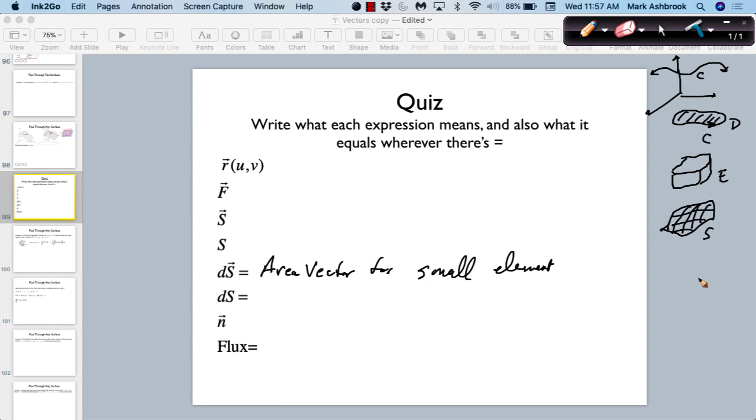And so what is its magnitude? The area of the element. What's its direction? Normal to the element, orthogonal to the element, which then is orthogonal to the surface. All right, what about just dS? The area of the element, just the area, not being a vector anymore.